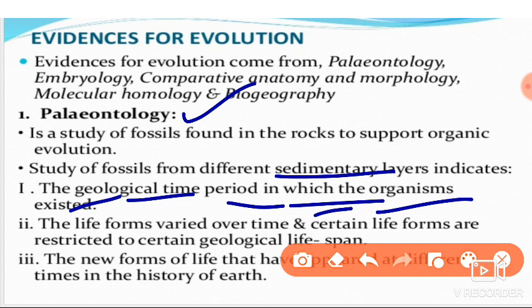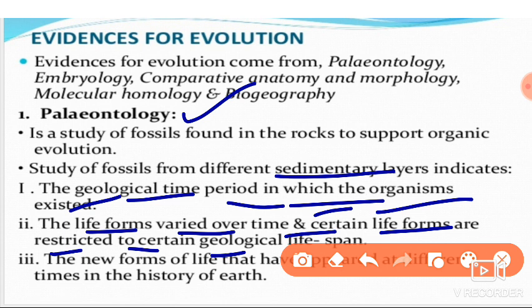And along with that, life forms varied over time, and certain life forms are restricted to certain geological time spans. Many periods of time have passed away, but exactly at what geological time a particular life existed, we can know. For example, dinosaurs existed in a particular time. Those are all reptiles.